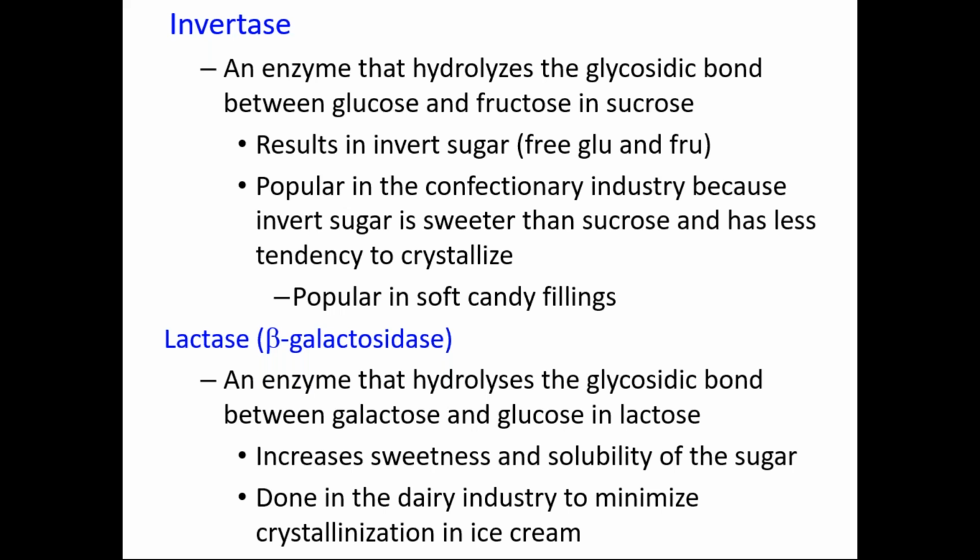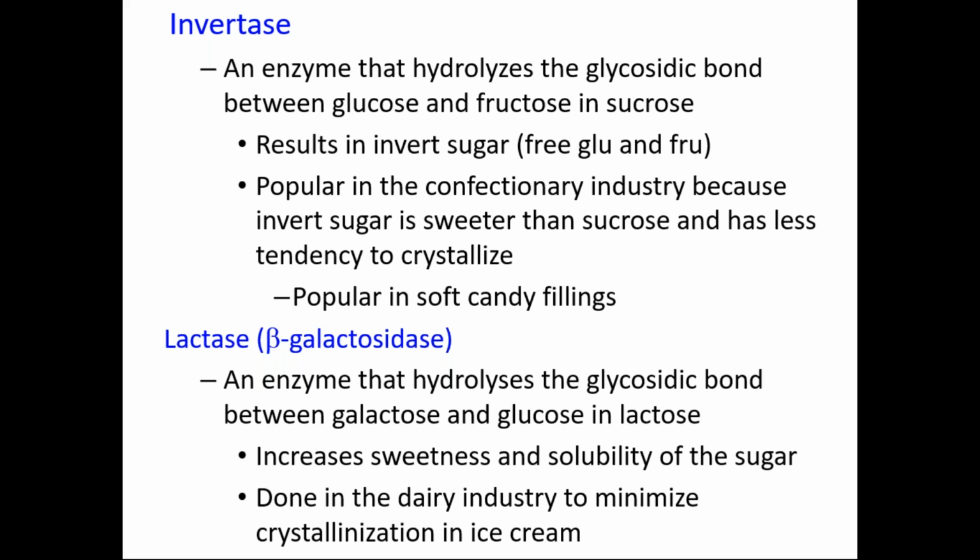Beta galactosidase, or lactase, hydrolyzes the beta 1,4 linkage between galactose and glucose. It increases the sweetness because lactose is not as sweet. When it is broken down, you get glucose and galactose, which are sweeter.